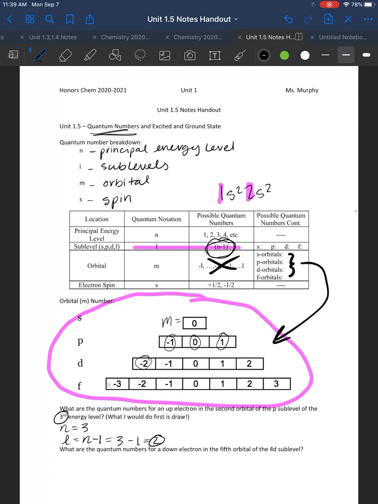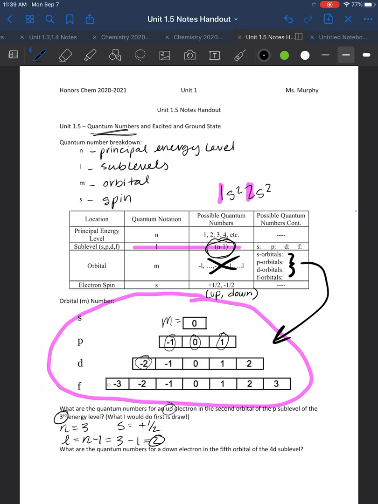We are looking at an up electron. For electron spin, if it's up, it's +1/2. I'm going to put this under that table here. If it's -1/2, it is down. So that tells us that our S is equal to +1/2. And lastly, we have to figure out the orbital.